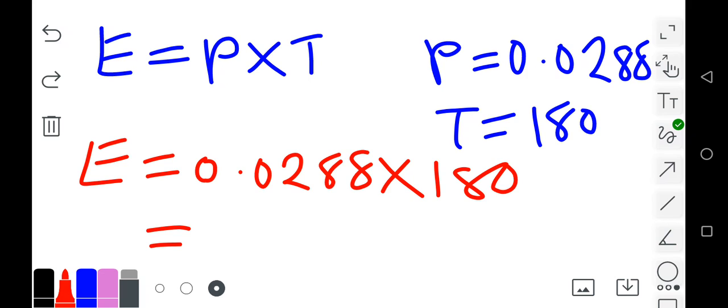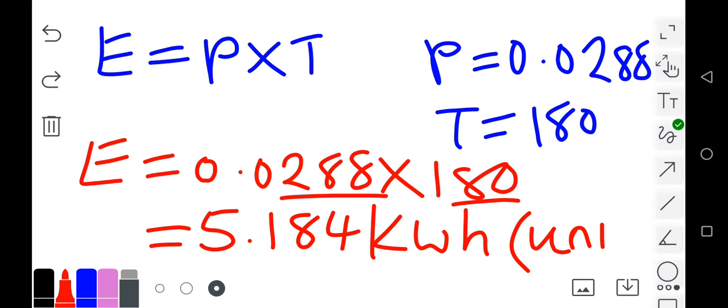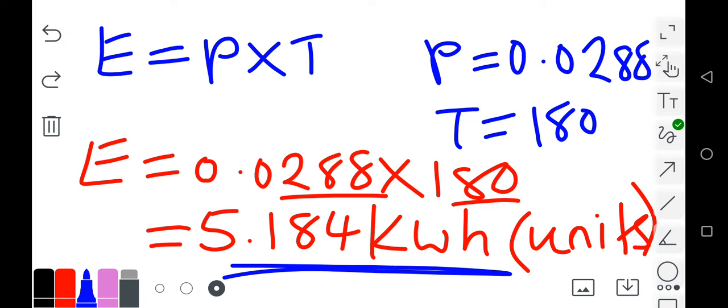So this will give you the total energy as 5.184 kilowatt hours, because this is in kilowatts and this is in hours. Sometimes this is just called units. So that's how you can find the energy.